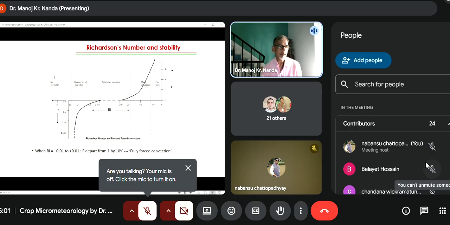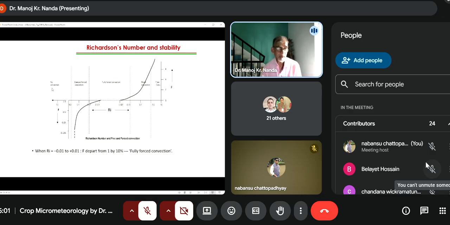So from here, no convection, that is highly inverse, to a damped inverse, then to a forced convection zone where the thermal effect is minimal. Then the thermal effect increases, so it is gradually coming to the free convection zone. So this is how graphically you can represent the Richardson number.